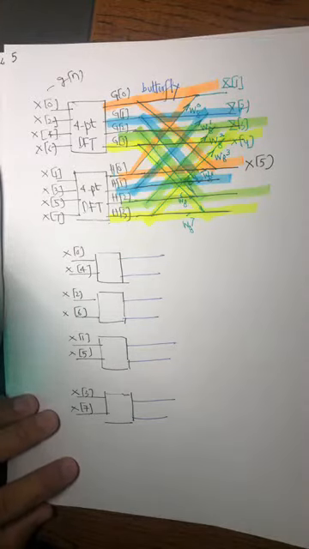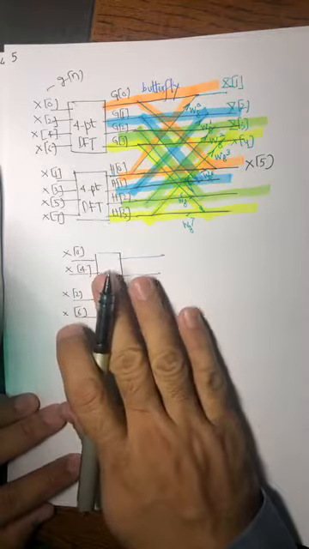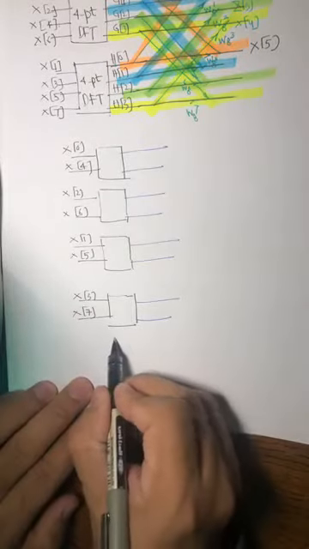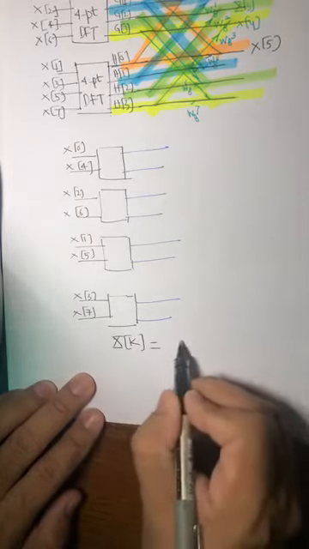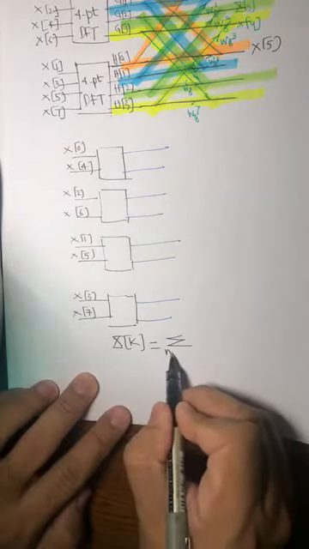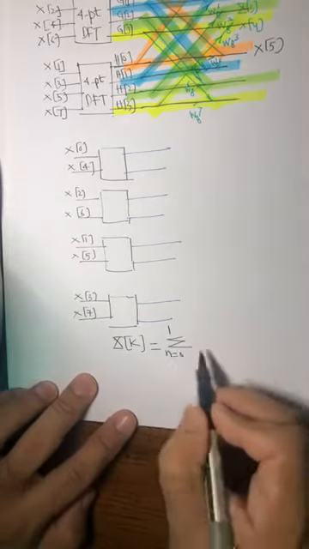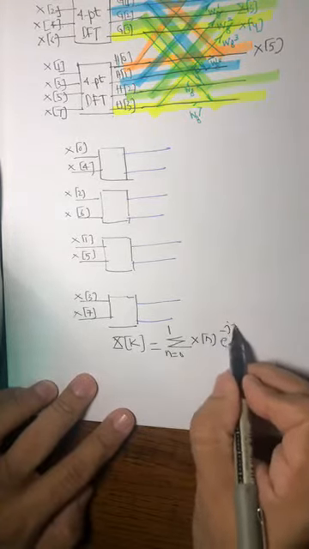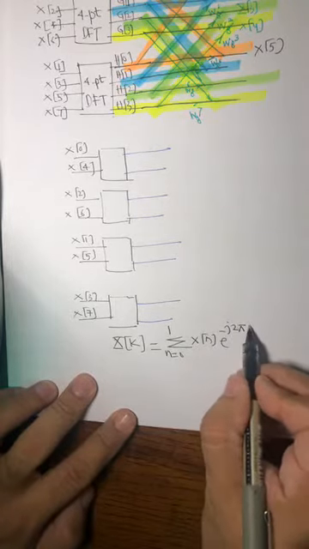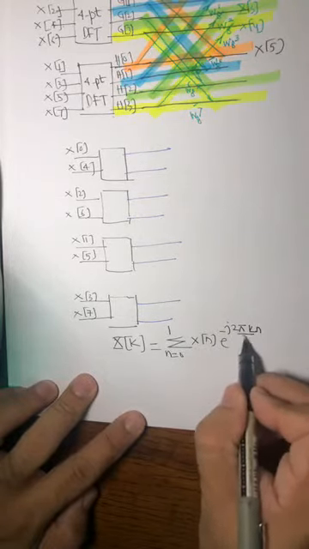So what is the formula of the 2-point DFT? This is important. And we know the formula. The formula is the same. X of k is equal to, if we are taking only 2 points, sum over n from 0 to 1 of x of n exponential minus j 2 pi k n over 2.